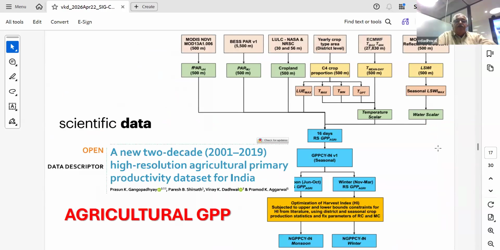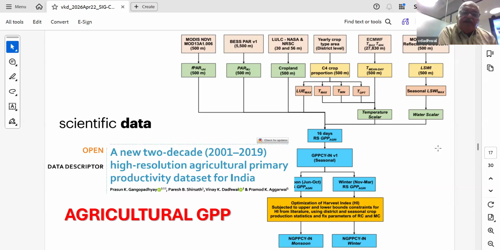In this study, what we did was we used satellite data of 250-meter resolution every 15 days for about 19 years. And then for all agricultural pixels, the satellite data, the radiation, the crop type, cropland map, the weather, and the reflectance converted into water and temperature scalar, then computed the GPP.